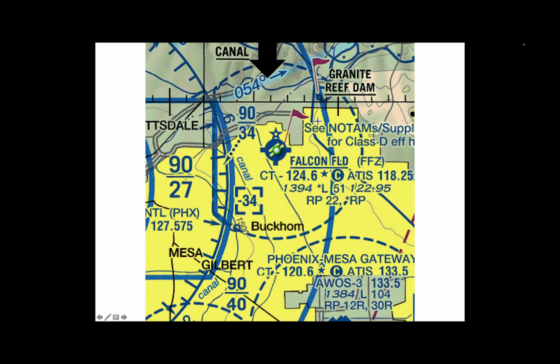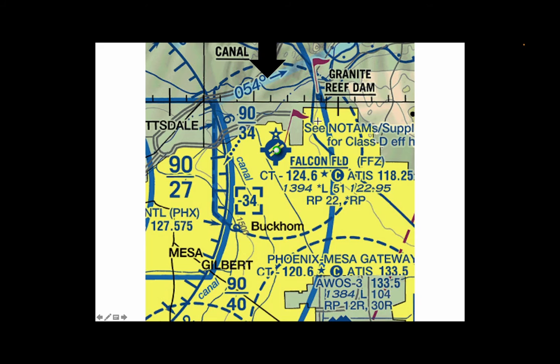So there's no Class D airspace here. This number is telling us where the Class B airspace starts. It's starting at 4,000 feet MSL, and it's going up to 9,000 feet MSL. So we know right at this location, there are no other divisions showing us Class B airspace over here. So at this location, we'll have Class B airspace starting at 4,000 feet and going up to 9,000 feet.